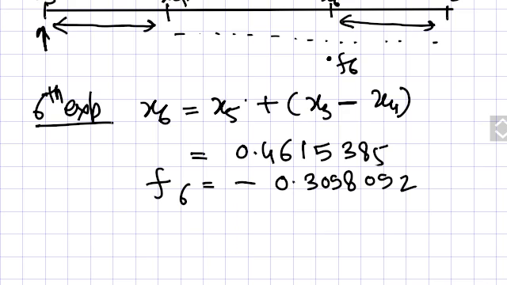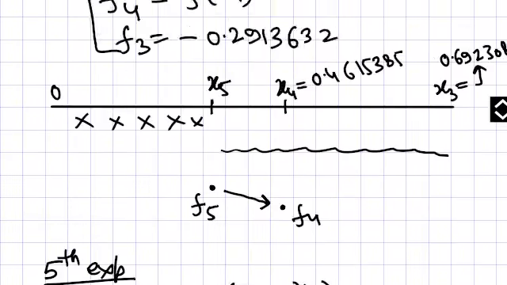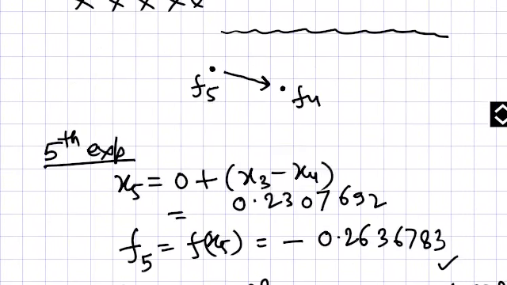Yes, some correction is there. Actually I have written some wrong data here. It is not 98, but actually it is 10. So you can see that f6 is greater than the f4 value.